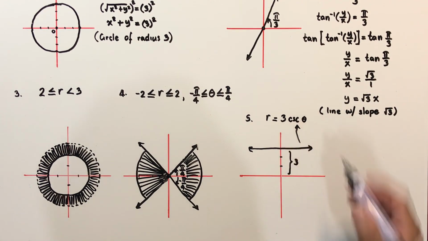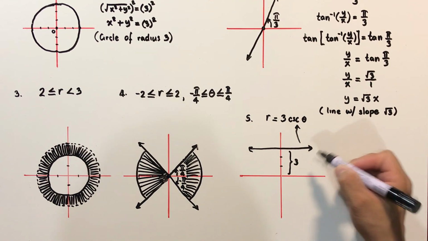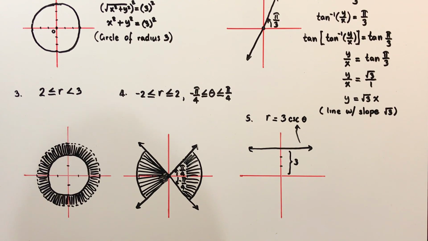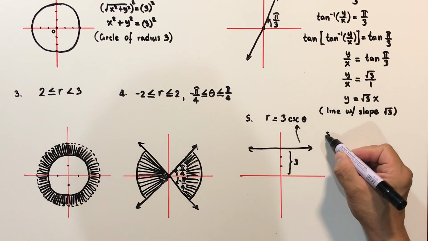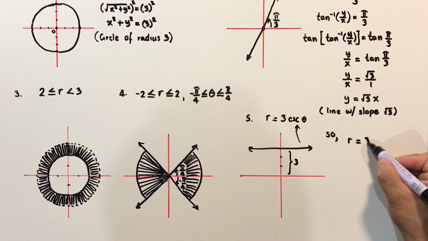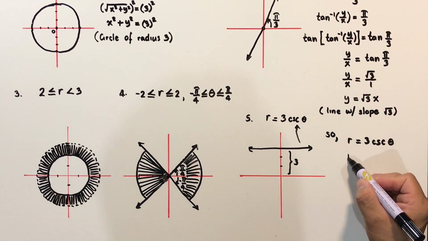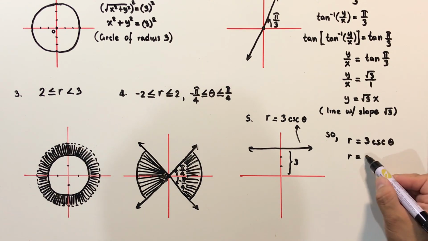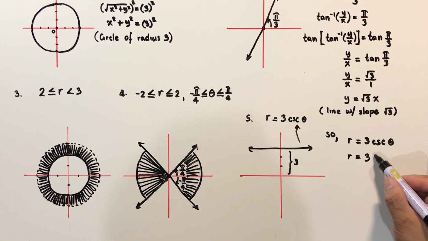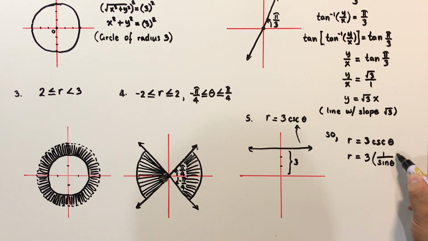And to show to you that this is a graph of a horizontal line which is 3 units above the horizontal axis, I can convert this polar equation to its equivalent rectangular equation. If I write here r is equal to 3 cosecant of theta, I can apply the knowledge which we've learned from our trigonometry that cosecant theta is equal to 1 over sine theta.